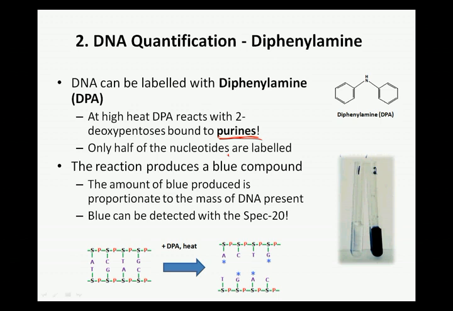Now, when this chemical reacts with DNA, what you get is a blue color, which can be quantified using a very basic SPEC20. The amount of blue color produced is proportional to the amount of DNA. So, if you can generate a standard curve with known masses of DNA or a substitute, then you can use that standard curve to figure out how much DNA you have in there.